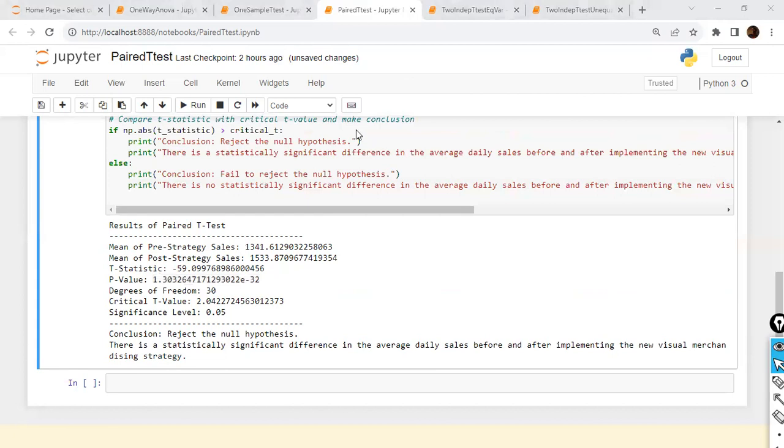Just respond by saying whether the p-value is less than alpha or not. I need all your response. No ego, no shy. Please open up and say yes or no. Alpha is 0.05, right? Yes, very good.